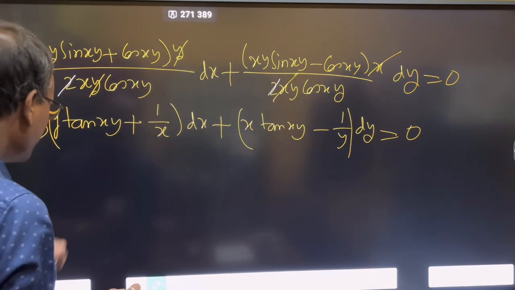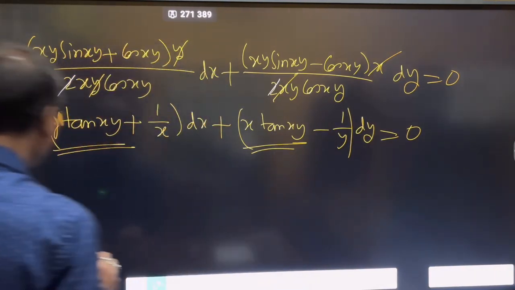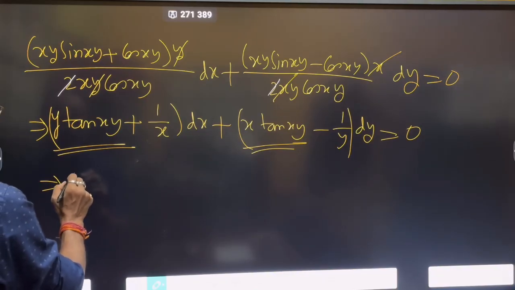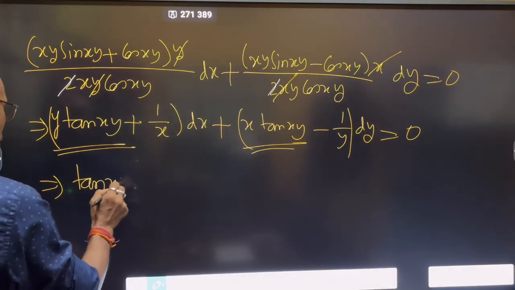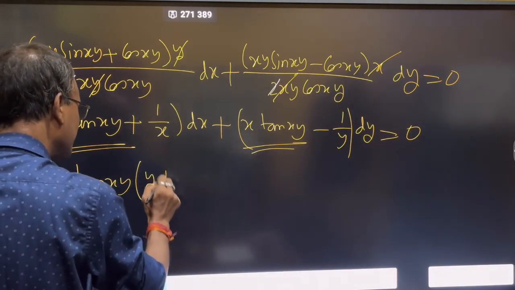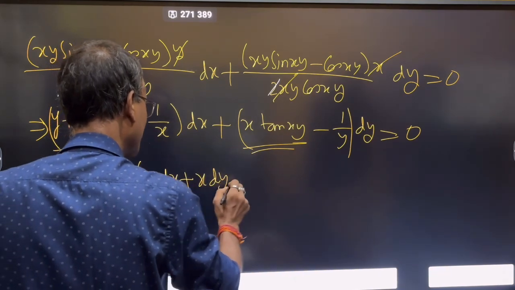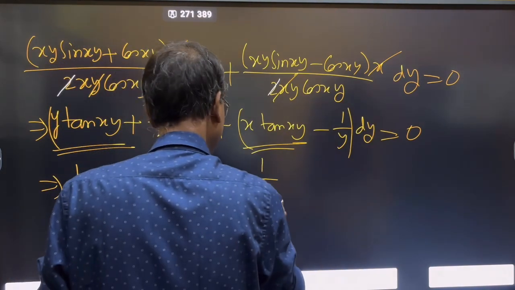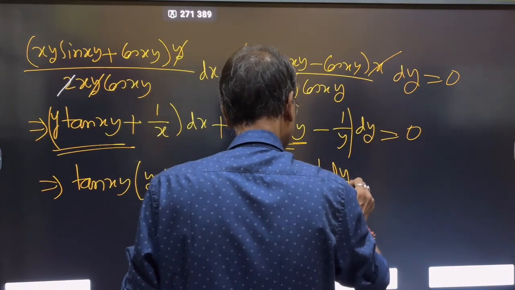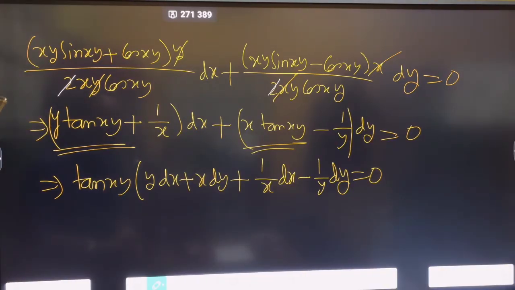Now take these two terms, this term and this term. Then you will get tan xy common, into y dx plus x dy, plus 1 by x dx minus 1 by y dy equal to 0.